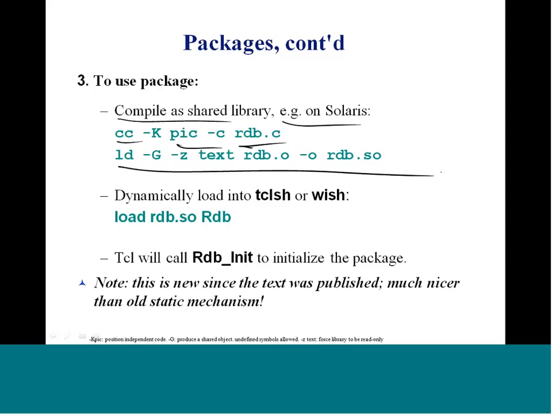We can also dynamically load Tcl programs, but mostly into tclsh or wish. These are the two shells that can load the programs, and then Tcl will call the rdb init to initialize the package. The command for dynamically loading is load rdb.so and then rdb.